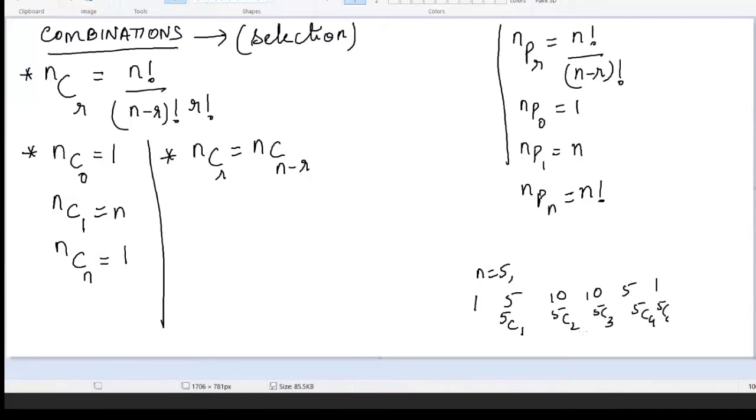So what we found: suppose you take 5C2, it is also equal to NC(N minus R), that is 5C(5 minus 2), which is 5C3. Therefore these two numbers were equal, just because we had a rule in combinations, NCR is always equal to NC(N minus R).